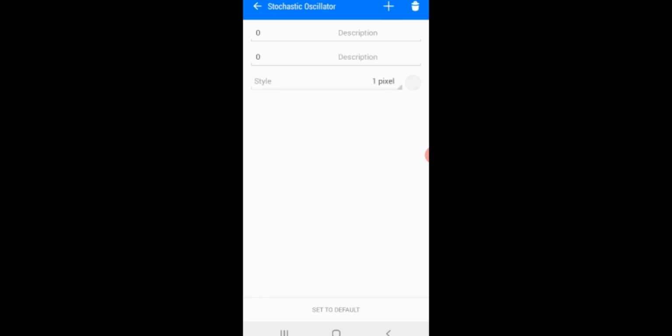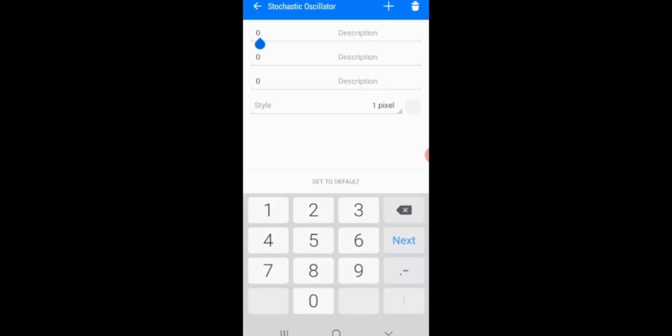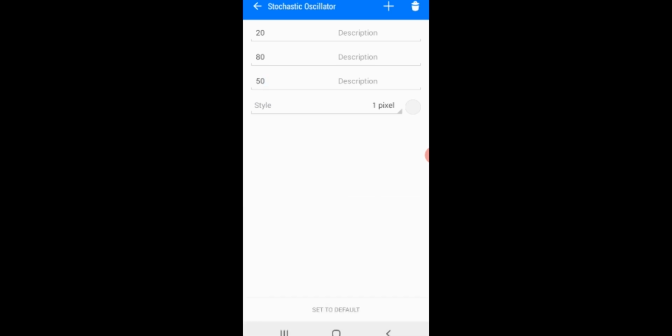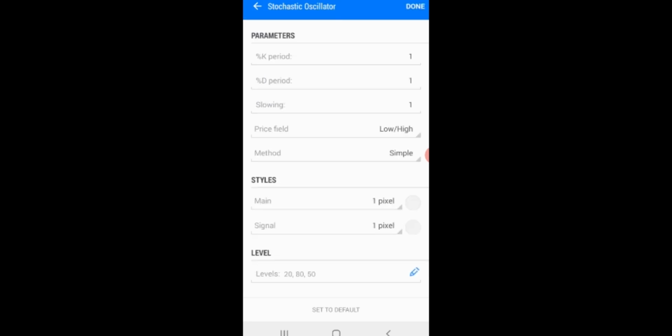The first one is 20, the second one is 80, and the third one is 50. Then you go back, and you see it's done.